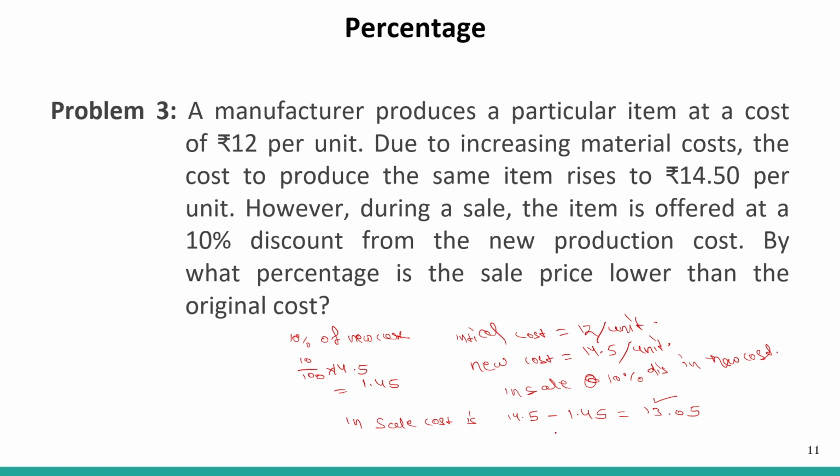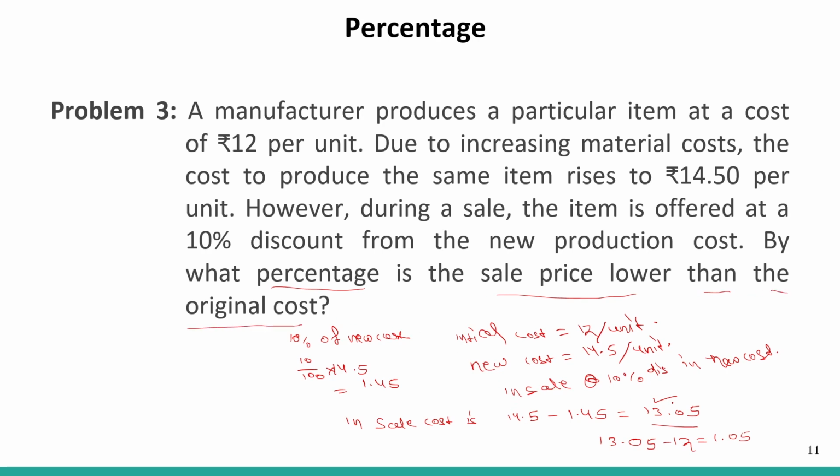Now we need to calculate the difference between the price in the sale and the original price, which was the initial cost of 12 rupees. So 13.05 minus 12 is equal to 1.05. The question asks by what percentage the sale price is lower than the original cost.